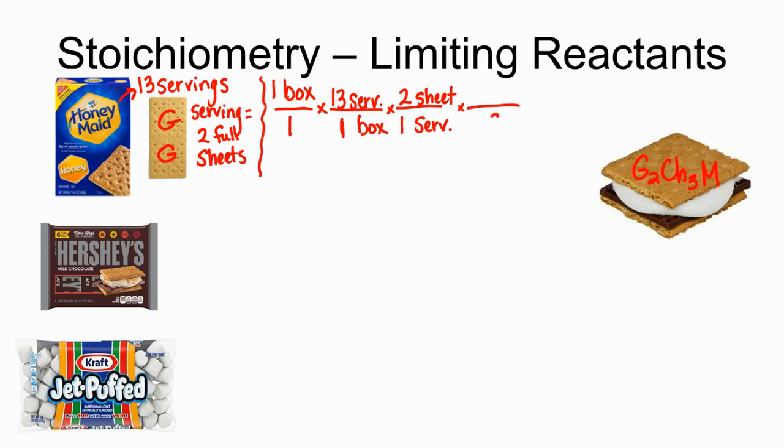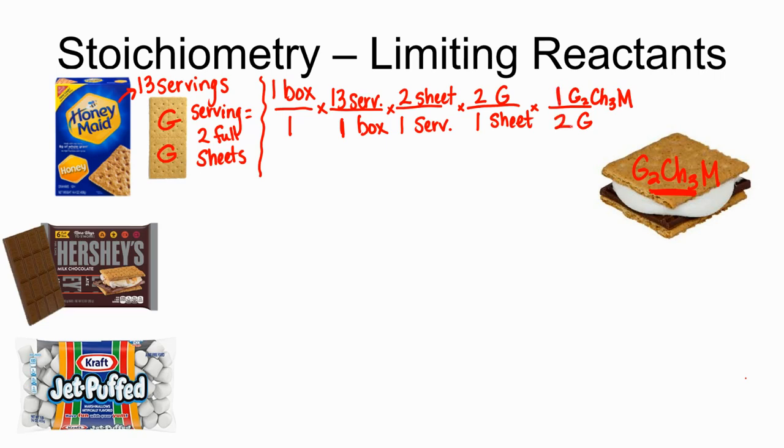Well, get rid of sheets. I'm trying to get all the way to s'mores, to G2CH3M. I know that every 1 sheet has 2 G's. Now I'm getting somewhere, because if I bring down G, I know how many G's are in a s'more: for every s'more, there are 2 G's.